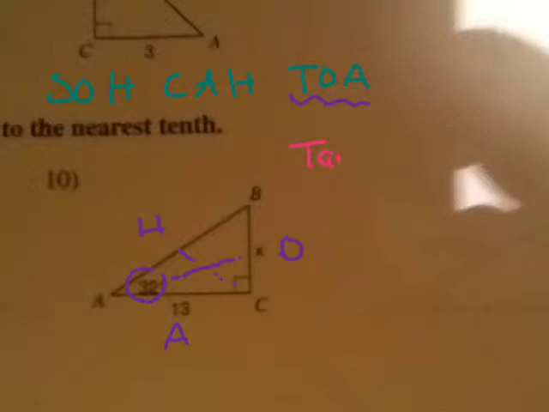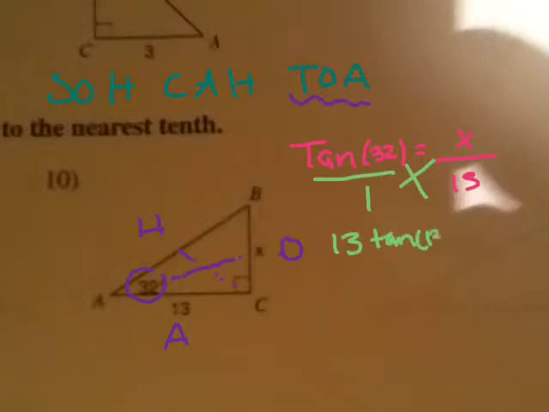Tangent of our angle 32 is equal to the opposite over the adjacent. Put it over 1, cross multiply, we get 13 tangent of 32 equals 1 times x, which is x.